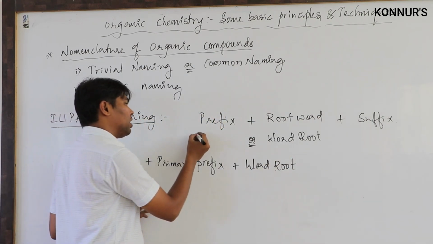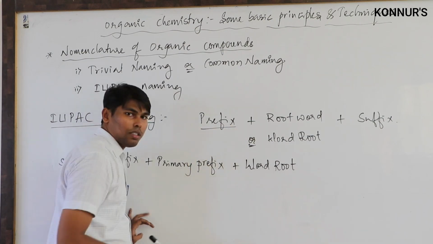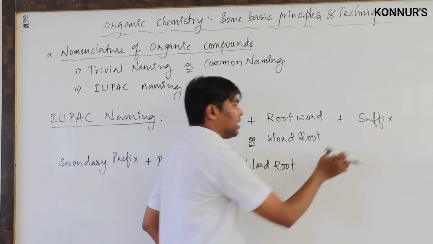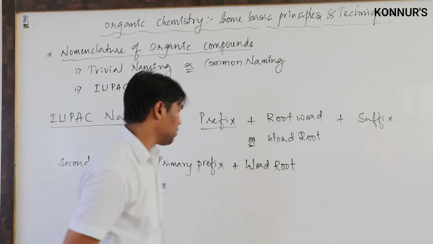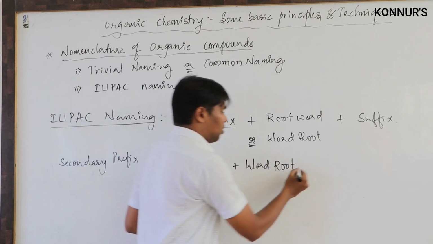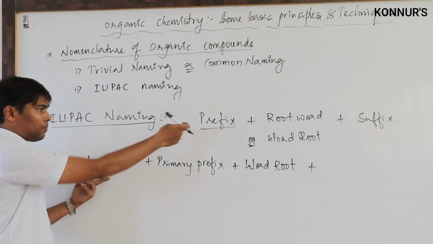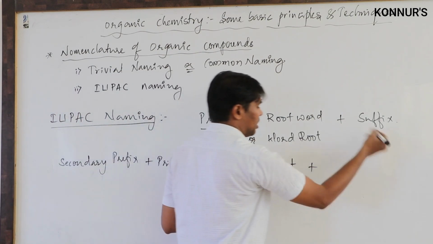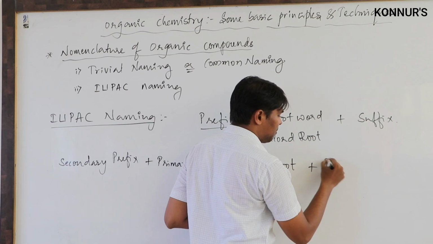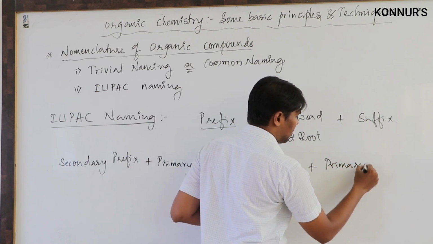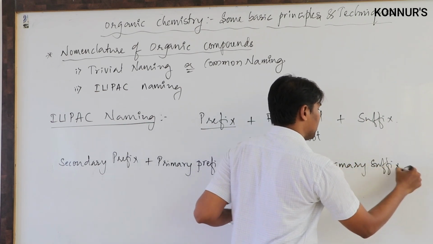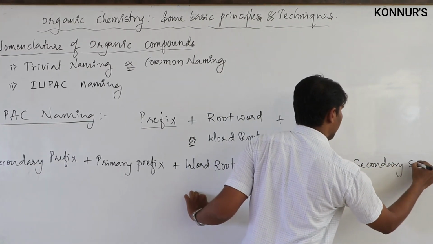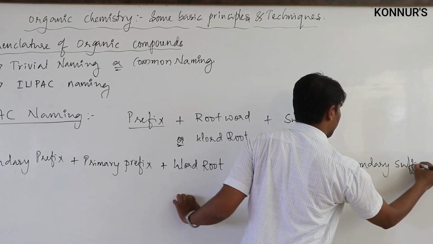I've already told you that prefix is a name given to substituent. Root word is a name given to number of carbon atoms in the parent chain. Suffix is a name given to functional group. So here, prefix is divided into secondary prefix and primary prefix, and suffix is divided again into two, primary suffix and secondary suffix.